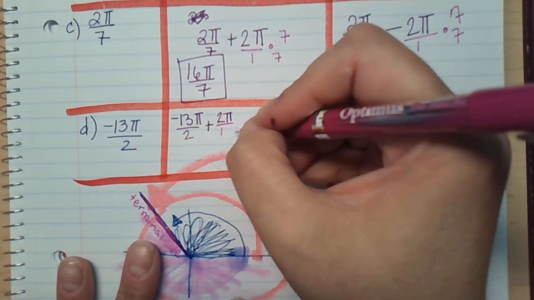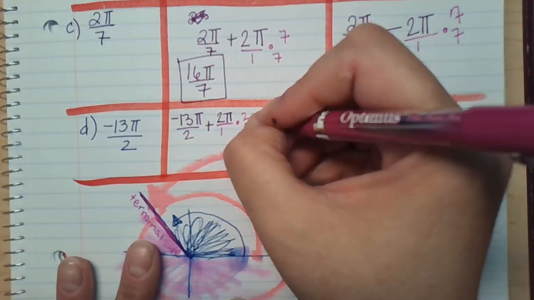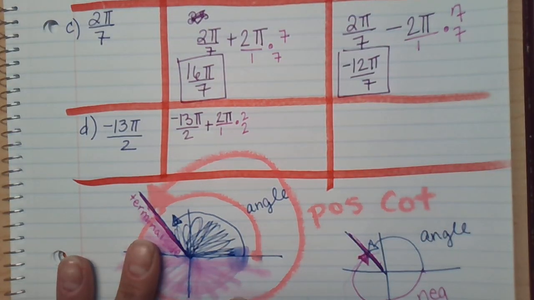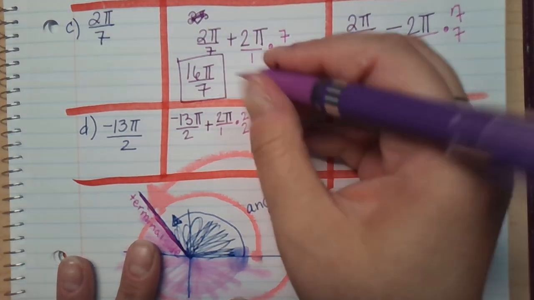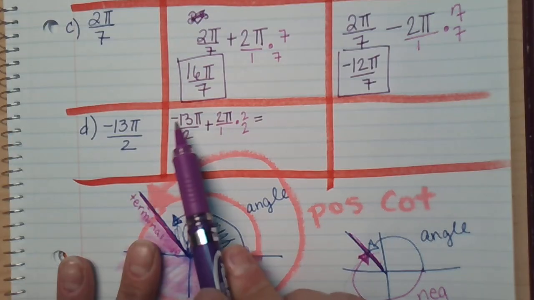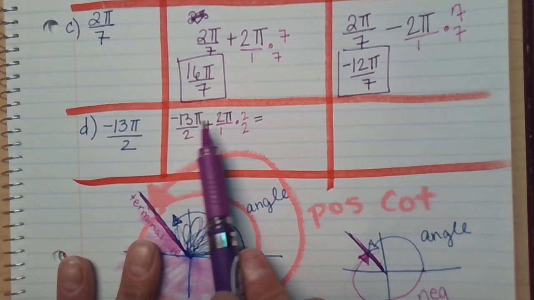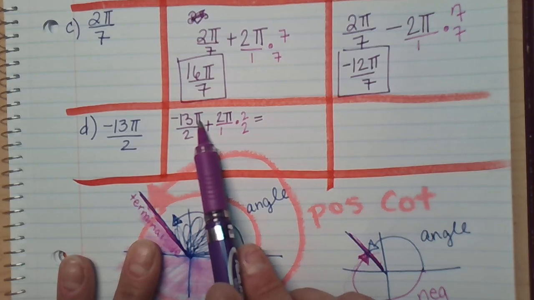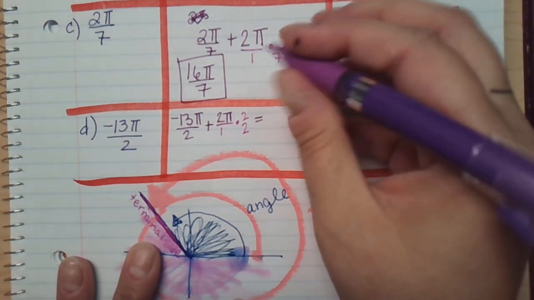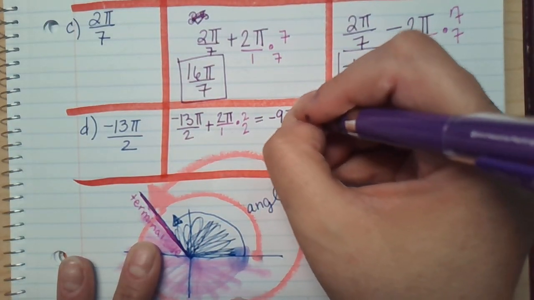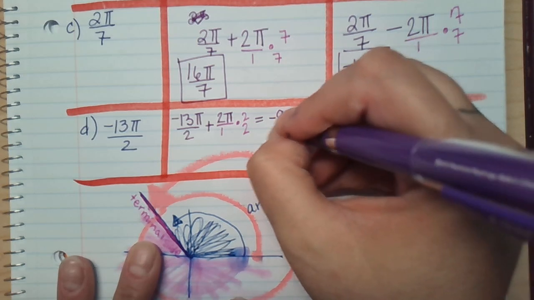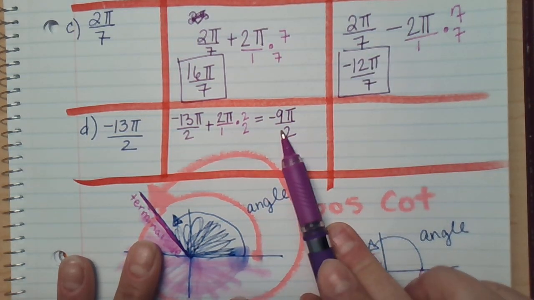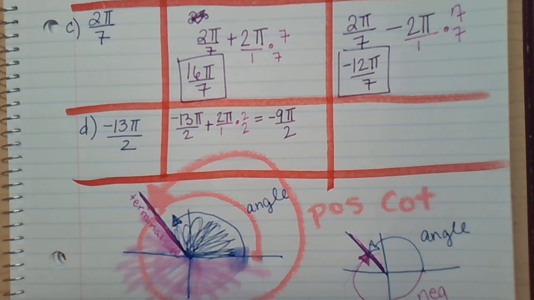Yes, okay. So we put 1 underneath. We multiply 2 and 2 so that we can get common denominator of 2. And then we get negative 13 pi plus 2 times 2, 4 pi, negative 13 plus 4 is negative 9 pi, all over 2. Is that positive? No. So we have to add again.